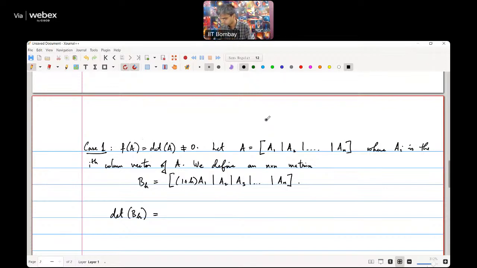So the determinant of BH is equal to, we have multiplied the first column by 1 plus H. So this is just simply equal to 1 plus H times determinant of A, equal to determinant of A plus H times determinant of A.